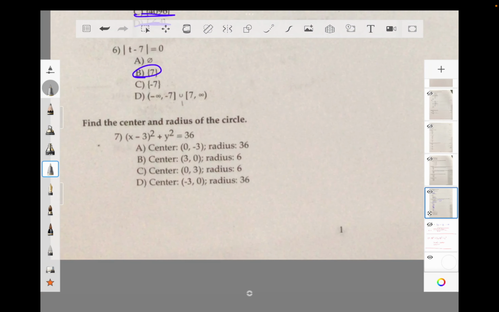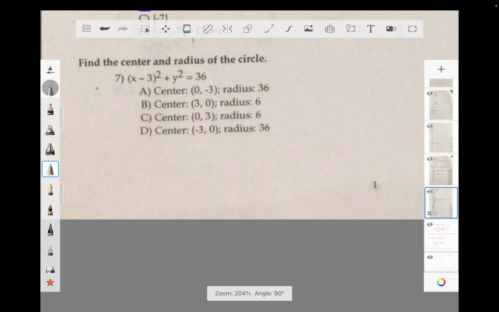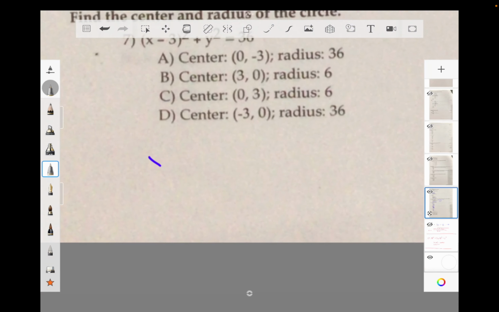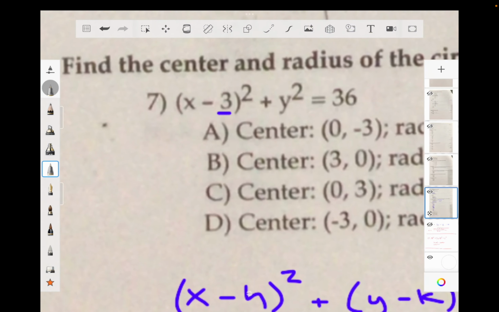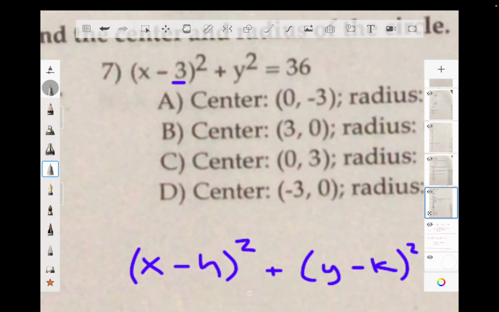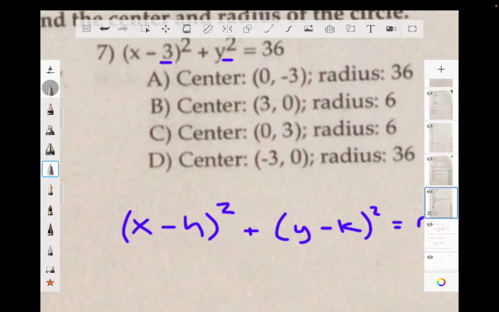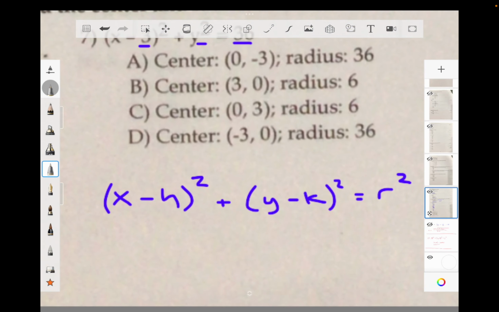Find the center and radius of a circle. Remember that the formula is x minus h squared plus y minus k squared equals r squared. So our h is going to be 3, our k is going to be 0, and our r is going to be 6.